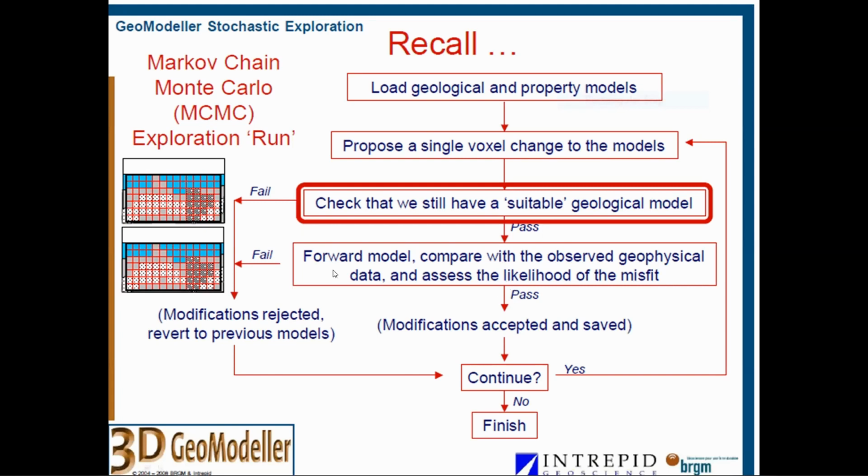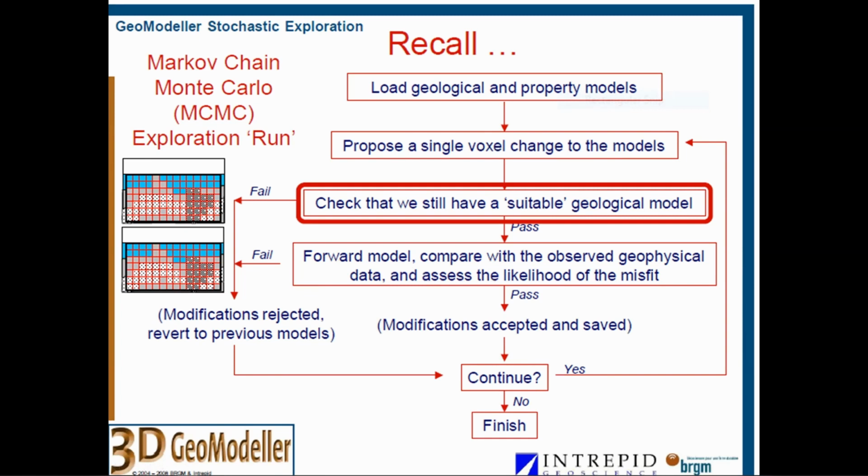Then if it fails, it again goes and selects another model which has different properties based on random selection.